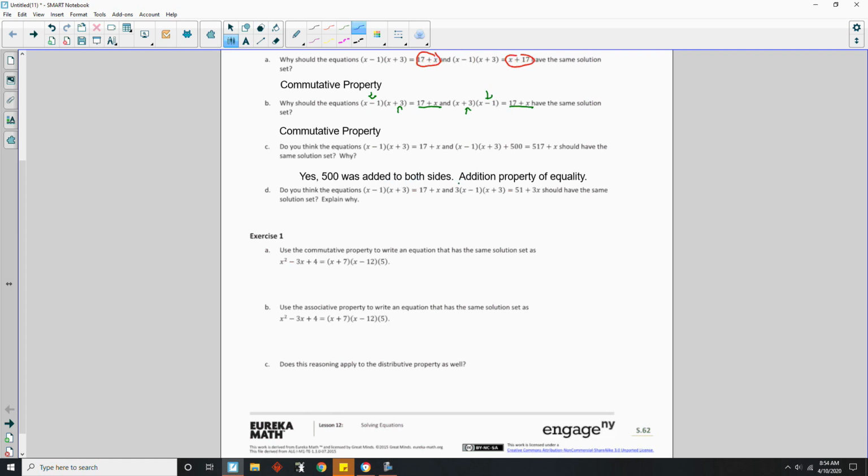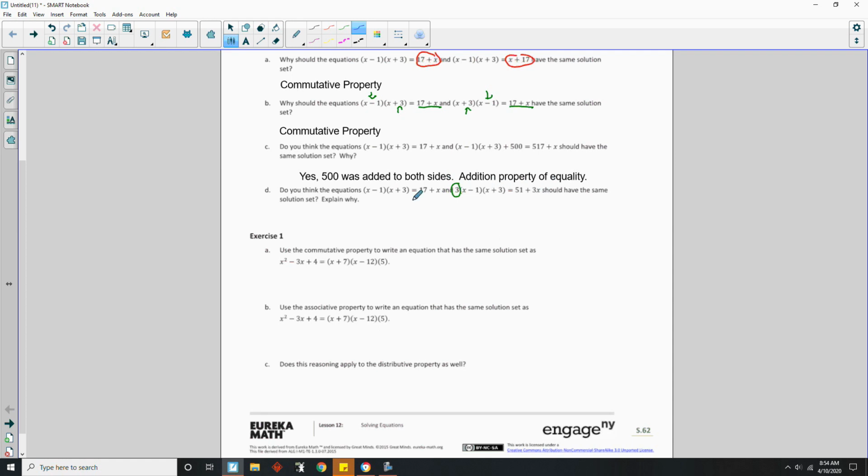We have this 3 that was added to the left side, so it would be the same as (3x minus 3) times (x plus 3). So we're multiplying one of the factors by 3. Over on the other side, 17 times 3 is 51, and x times 3 is 3x.